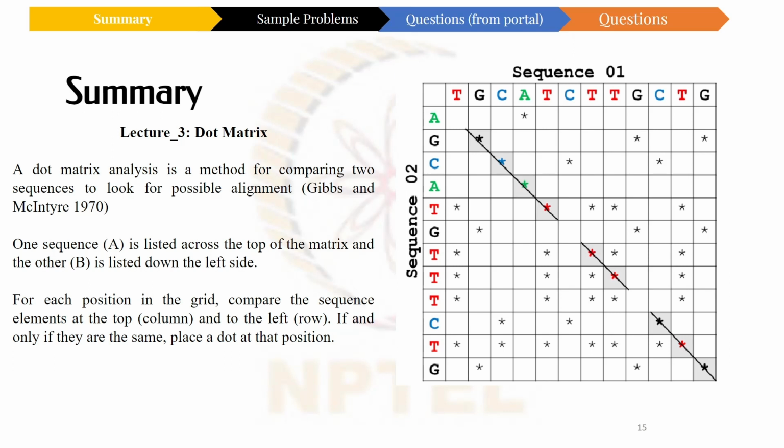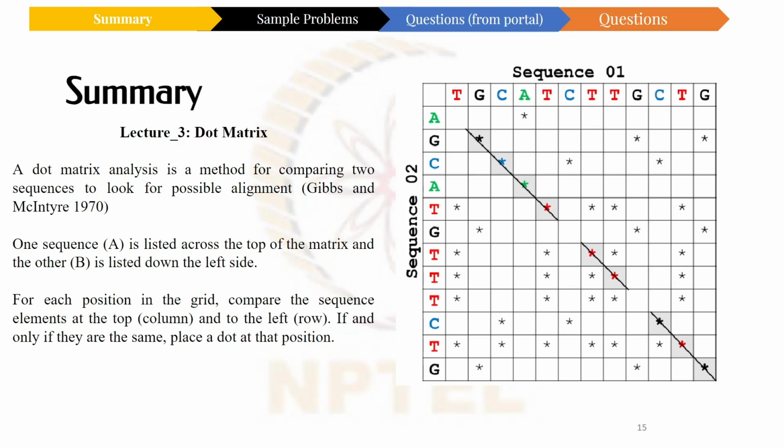As I mentioned, the first concept in pairwise sequence alignment is the dot matrix, which is a qualitative and conceptually straightforward method for aligning sequences, although it can be time consuming for large-scale analysis. This method is particularly useful for visualizing sequence features such as insertions, deletions, repeats, or inverted repeats.